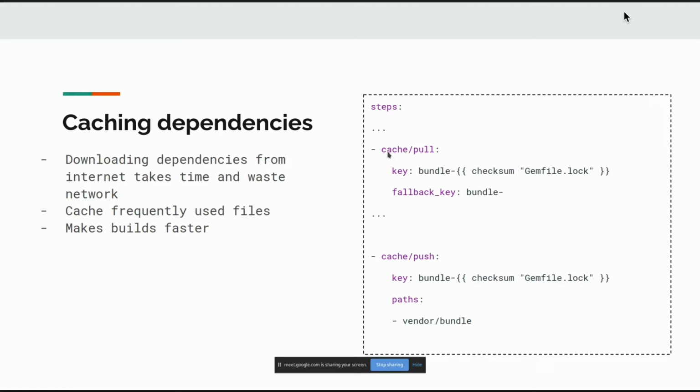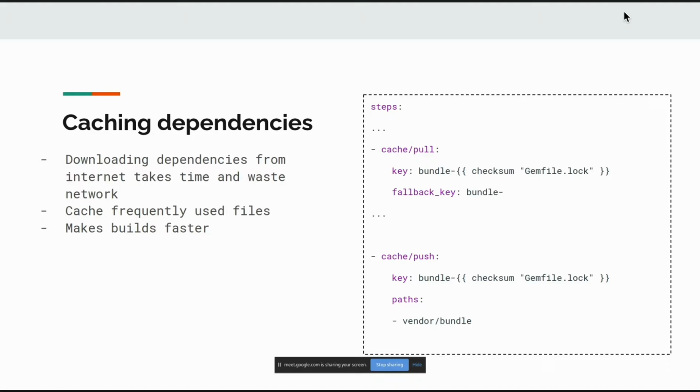In RazorOps, there's a special key for it. We call it cache pull and cache push. So on the first run, you can define the key for the cache. Let's say this is one example of a Ruby pipeline. In a Ruby pipeline, we use bundler, a tool to define the dependencies.